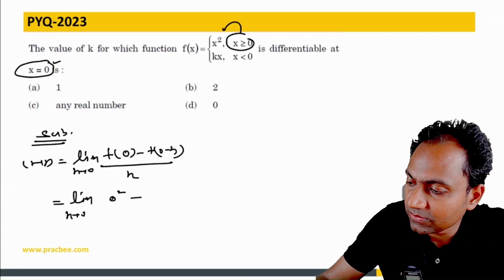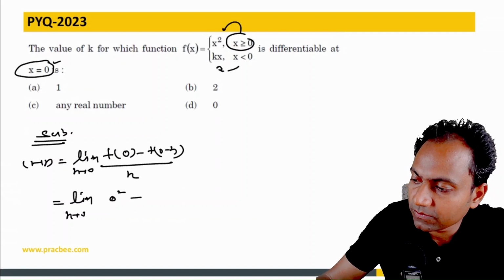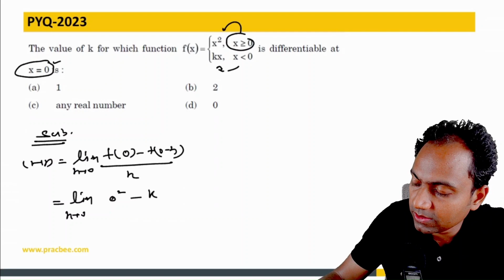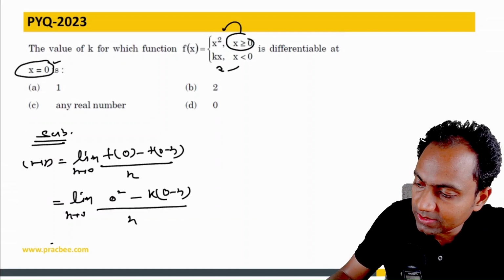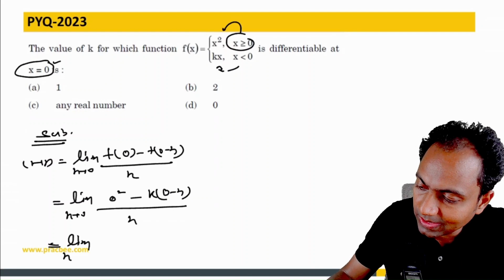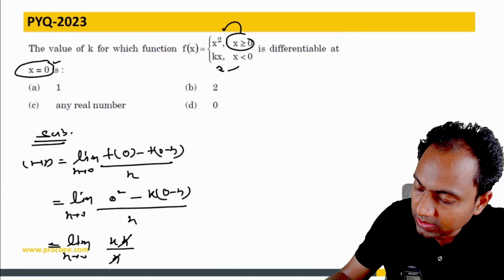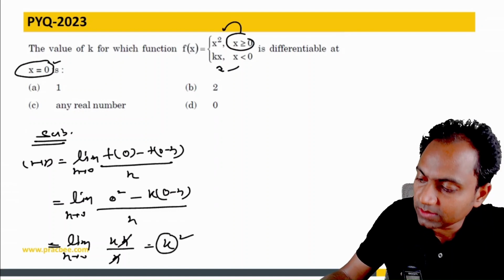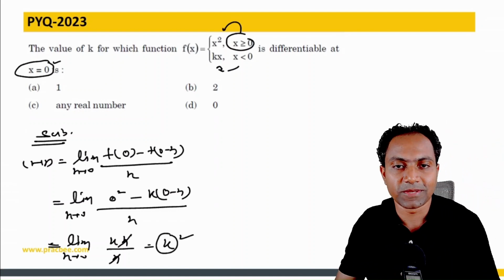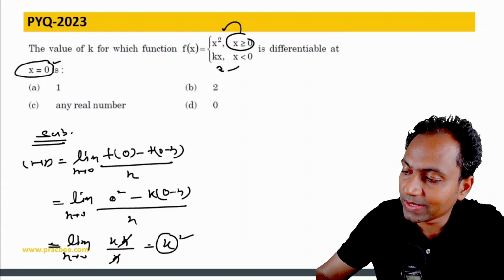And for minus h, the function's value will come from the other part. So this becomes k into 0 minus h by h. And if I simplify this, you can note that this becomes limit h tends to 0, kh by h, and h will get cancelled out. The answer becomes k.